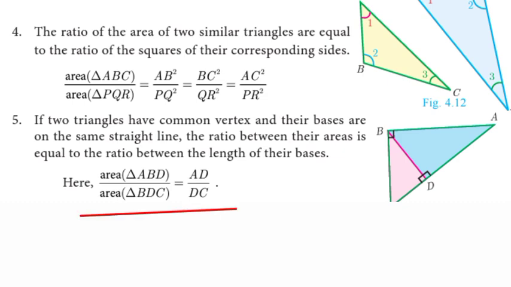Area of triangle ABD divided by area of triangle BDC equals AD divided by DC. Same vertex, same base means on a straight line. If their bases are equal in length, their areas are equal.